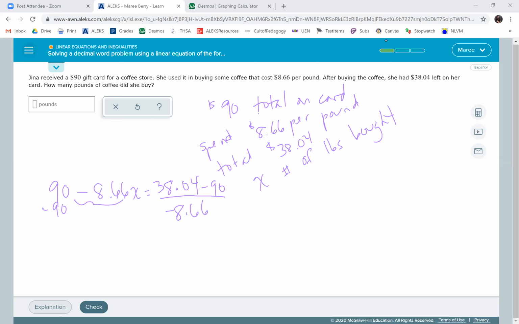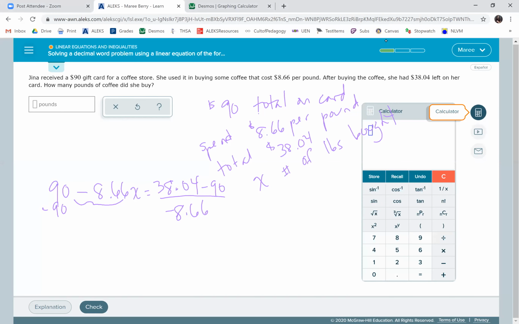So we'll get our calculator out, and I'm going to do 38.04 minus 90. Equals, and then I'm going to take that number and divide it by a negative 8.66.